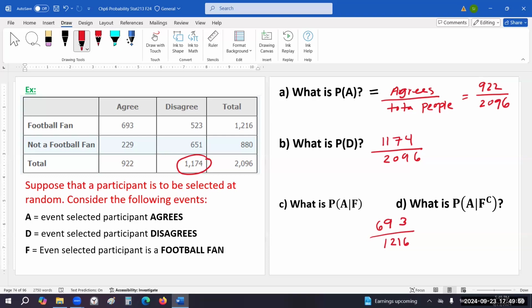Let's see. So it says, what's the probability of being agree given that you're a football fan? So agree and football fan, we have 693. Agree and football fan, and we have total. Oh, let me write down the equation. The equation says it's probability of agree and football fan divided by probability of football fan.